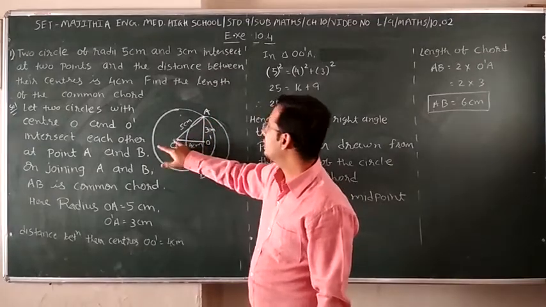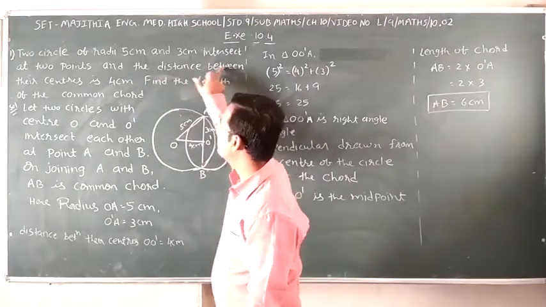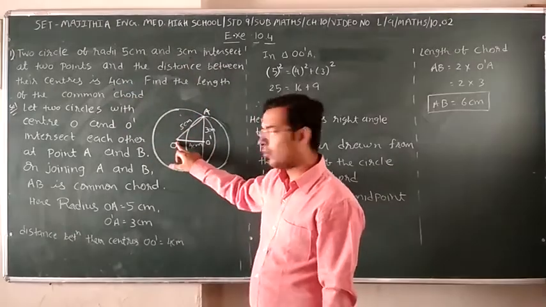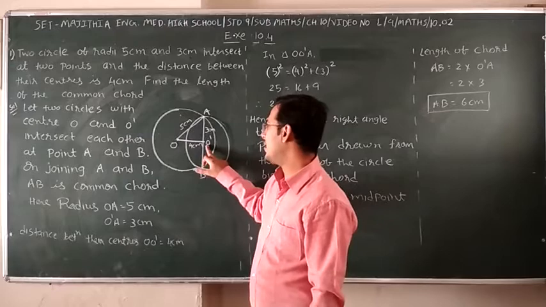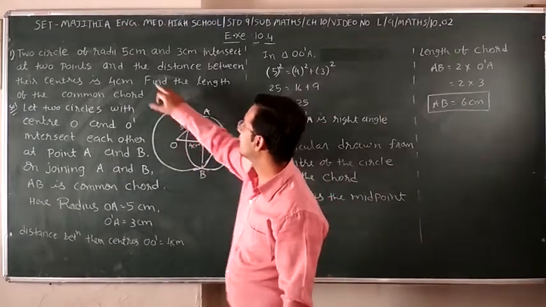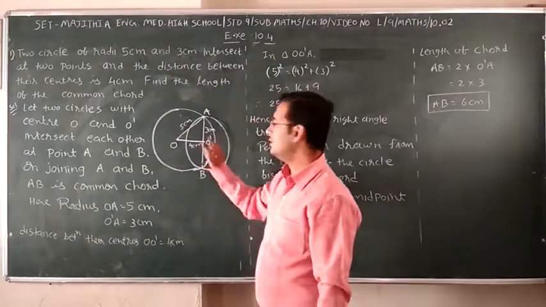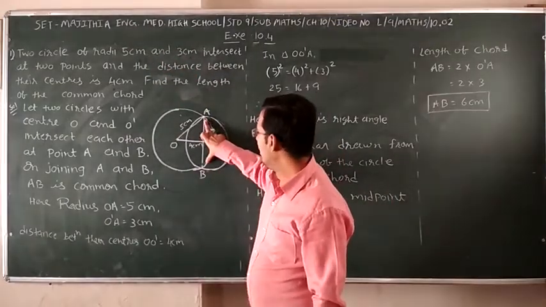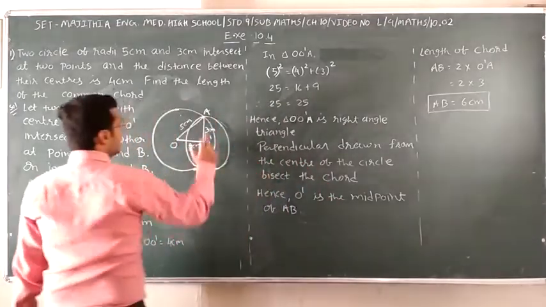Now it is mentioned that the distance between the centers is 4. So the first circle has center O, the second one O dash, and that distance is 4 cm. The radius of the first circle is 5, for the second circle it is 3. Now we have to find this chord AB.